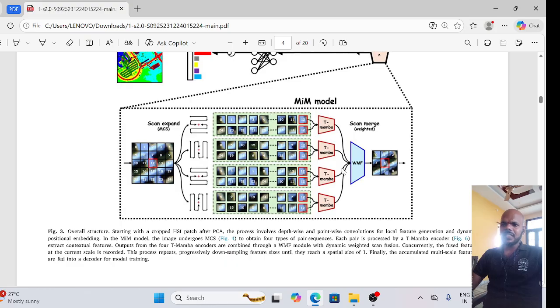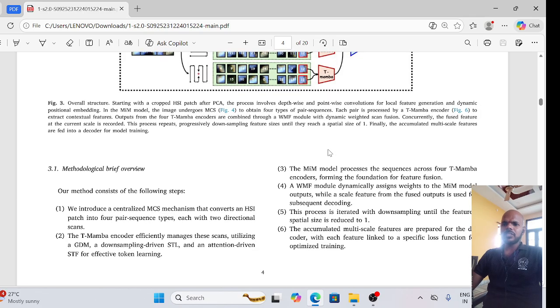If you understand this, most of the work of understanding this paper is completed. So in the proposed model they will discuss how they did the experimentation.